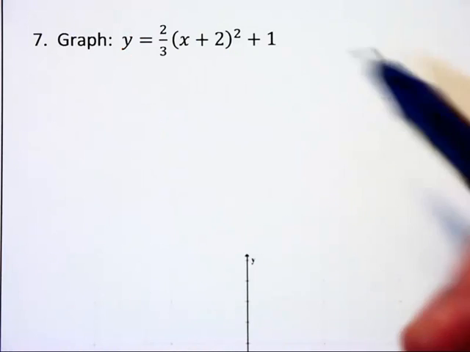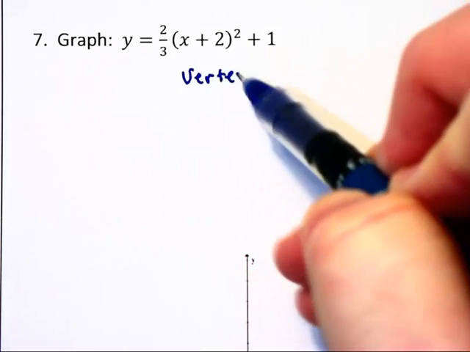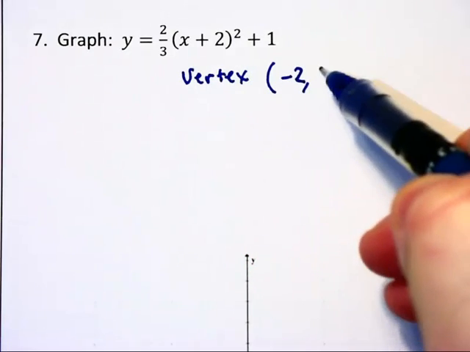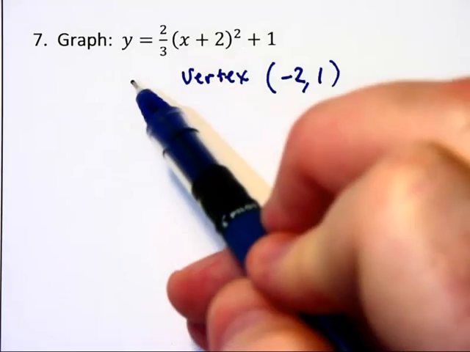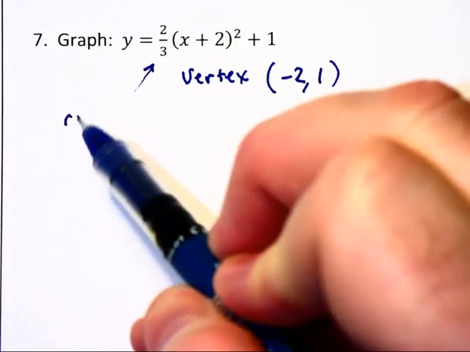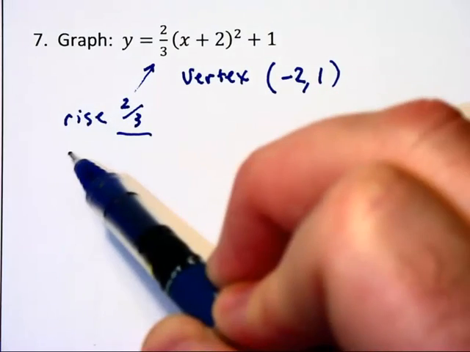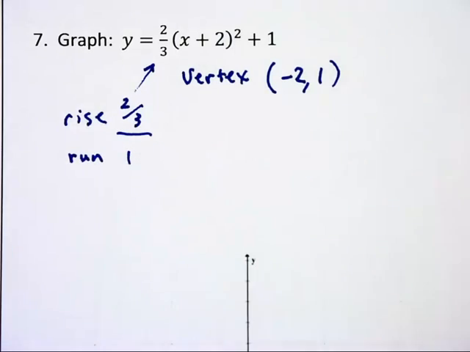On number 7, this is in a ready-to-graph form. Our vertex is going to be at -2, +1, and we've got this 2/3 out in front that tells us it's going to open upward, and if we think of it as a kind of slope, we can think of that as telling us to rise 2/3 and run 1 to get an additional point.